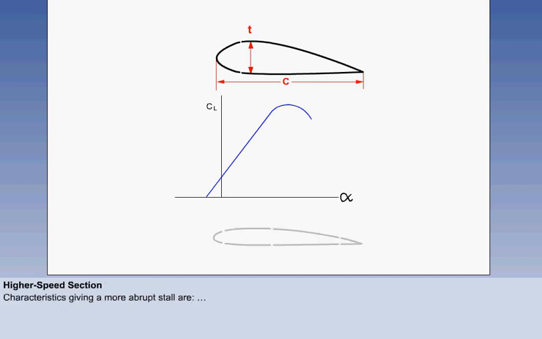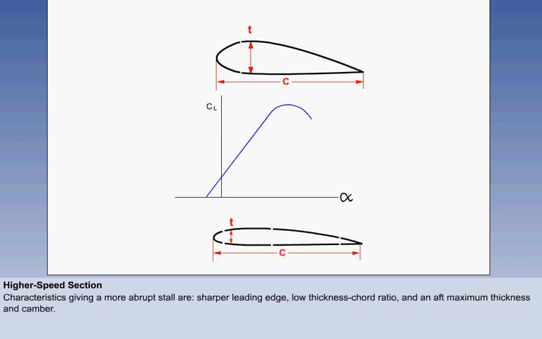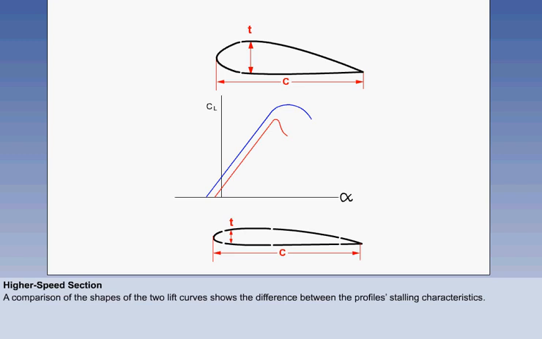These features are more typical of a wing designed for efficient high-speed operation, with a sharper leading edge, a low thickness chord ratio, and an aft maximum thickness and camber. A comparison of the shapes of the two lift curves shows the difference between the profile's stalling characteristics.